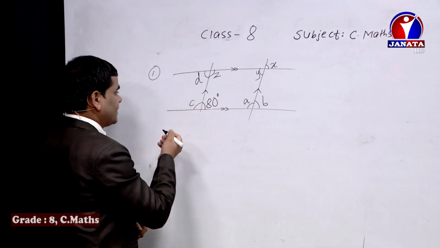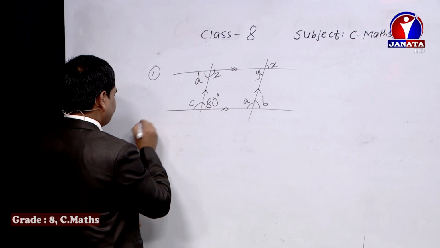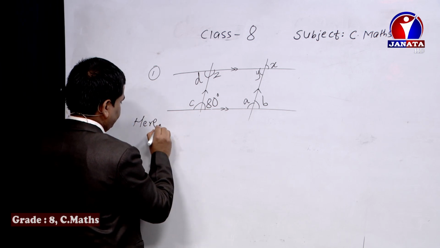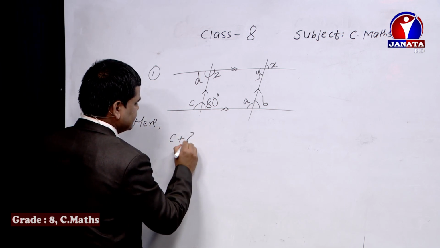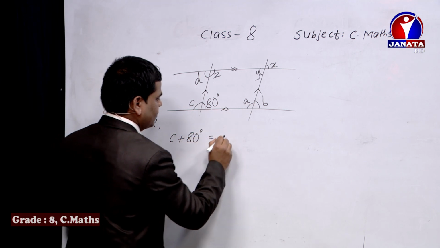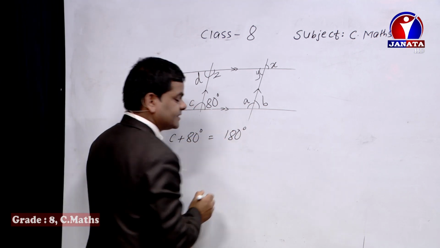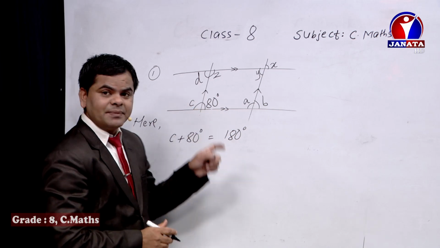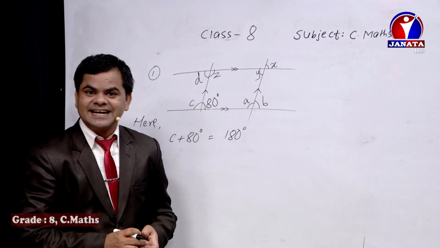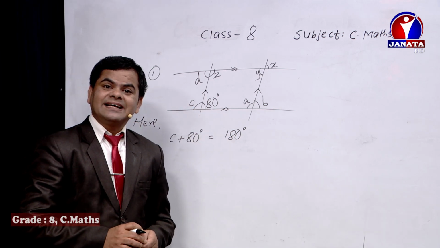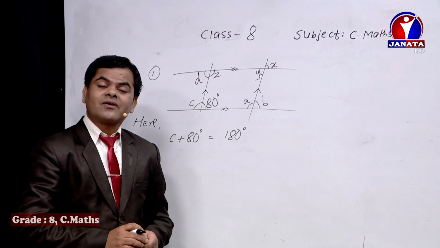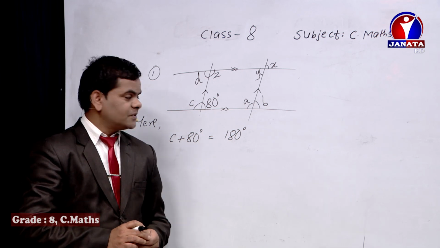So in order to find the value of C, what do you have to do? Here C plus 80 degree equals 180 degree, isn't it, dear students? The relationship between C and 80 degree is sum of straight angle, or linear pair, or supplementary angle.